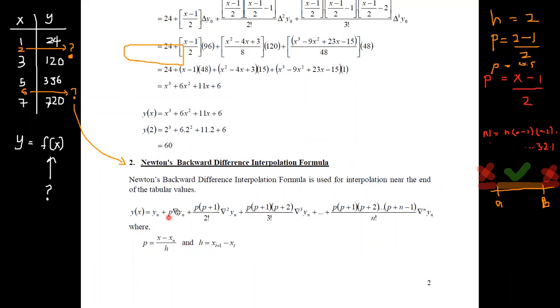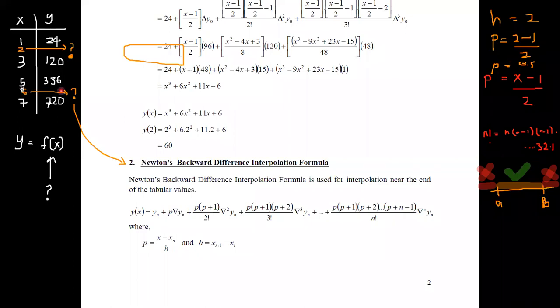And if you go through these values for p and h, the h is the same as previous. h is the difference between any two given consecutive points. The value of p can be given as x minus xn divided by h, where x is the value we need to identify.